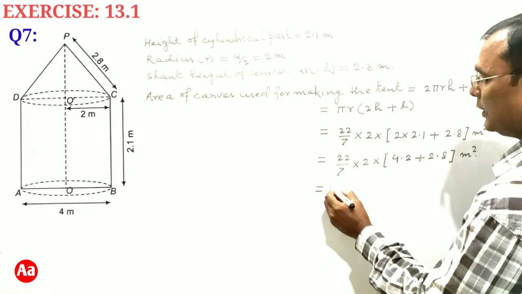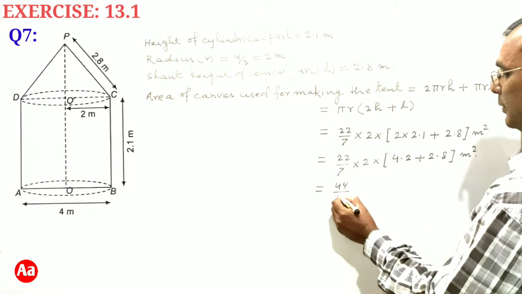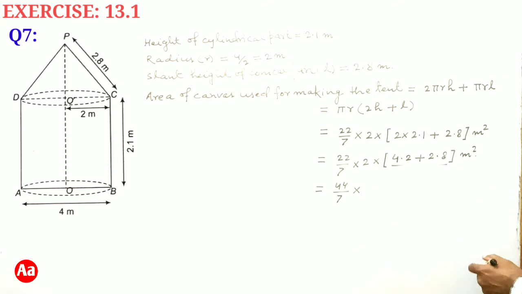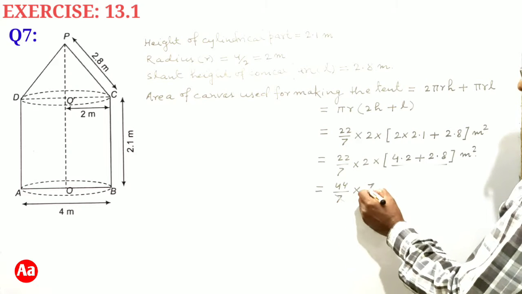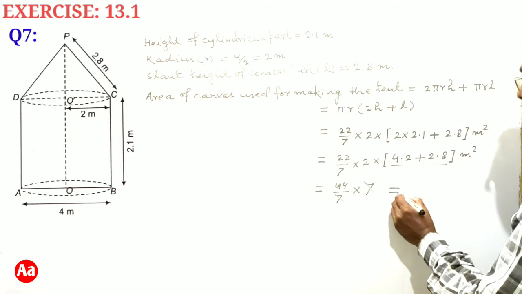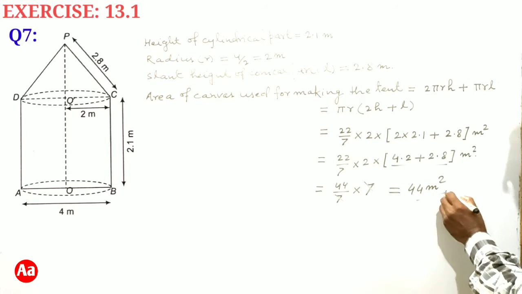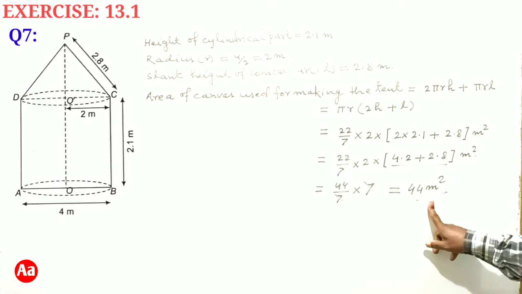So this is equal to 2 into 22, 44 by 7 into (4.2 plus 2.8, 7.0). So let's write 7, 7 cancel. So this is equal to 44 meter square, and this is the area of canvas used for making the tent.